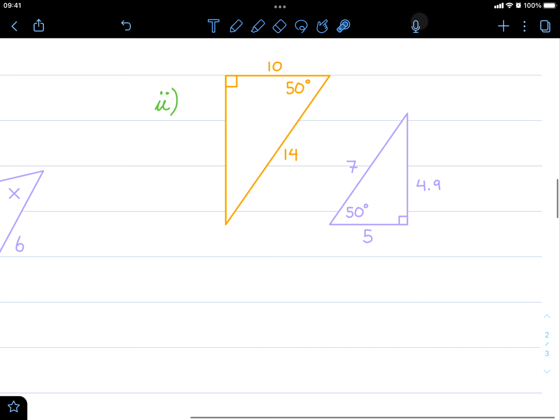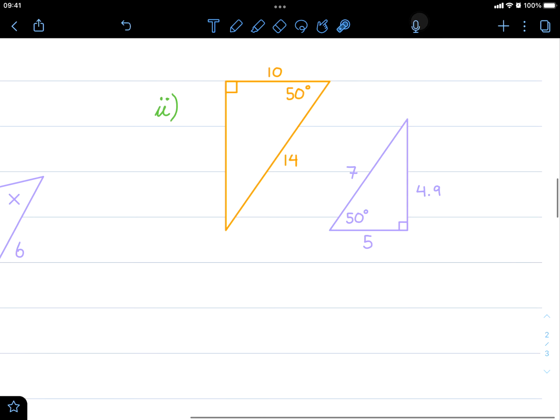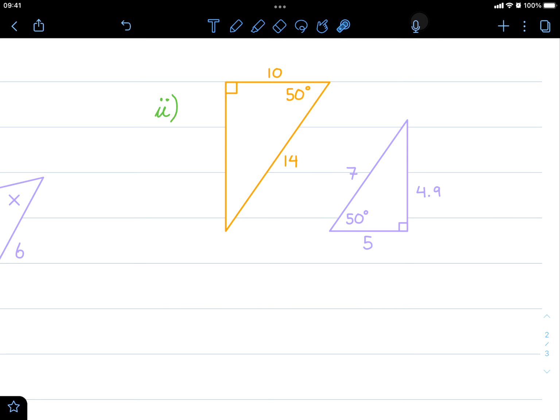Let's do another one here. You can pause it and give it a go yourself. For this, I'm just going to keep it nice and simple. Let's always go from orange to purple. That means let's pick a number from the purple. Let's pick 7. 7 is opposite the 90 degrees. So 90 degrees is opposite the 14.